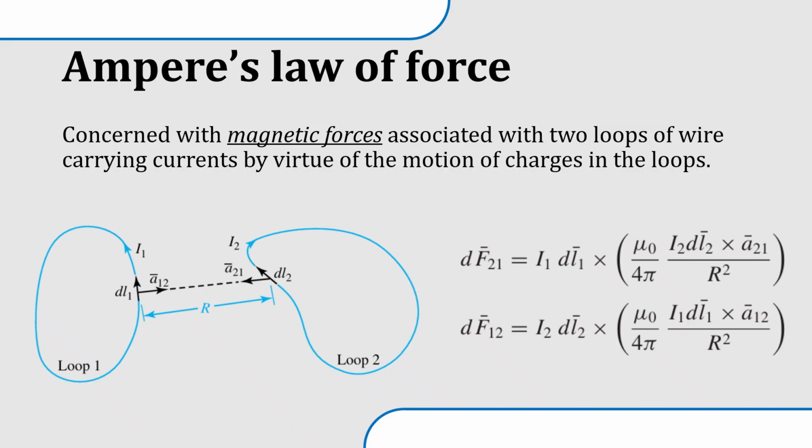R is the distance between the centers of the elements. Mu is the permeability of free space with units newtons per amp squared, or more commonly known as henries per meter. Now, when showing this formula and each of the variables, it's helpful seeing the schematic on the left on how they are utilized within the loop 1 and loop 2 illustration.